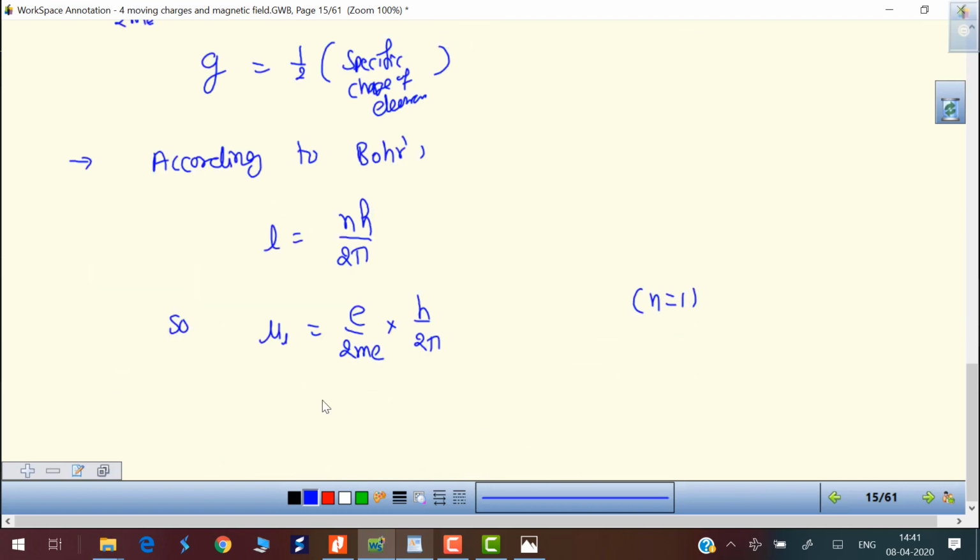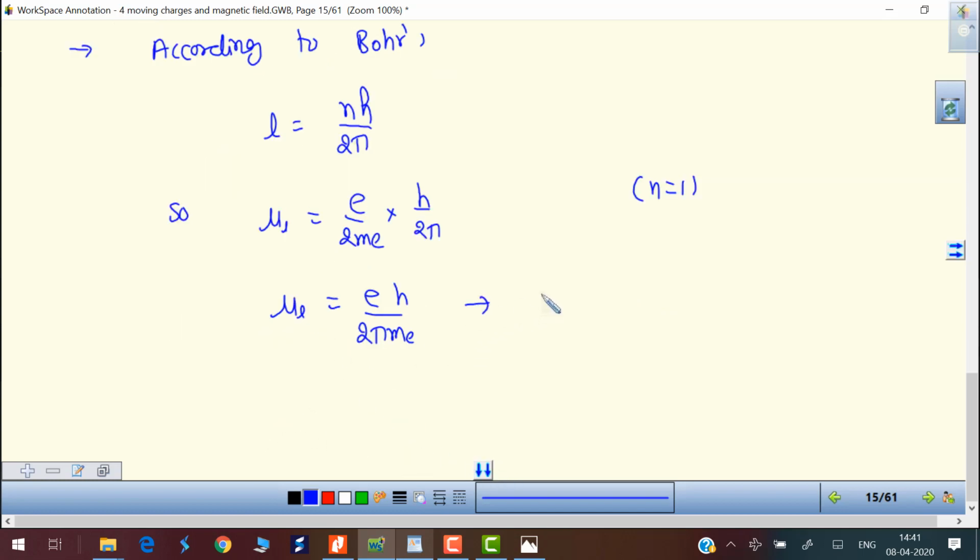So this becomes eh upon 4 pi me. This is called the Bohr magneton.